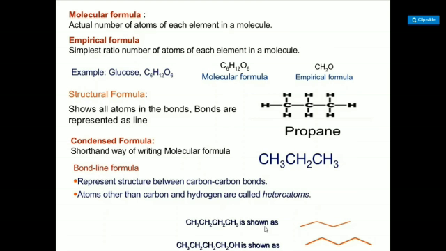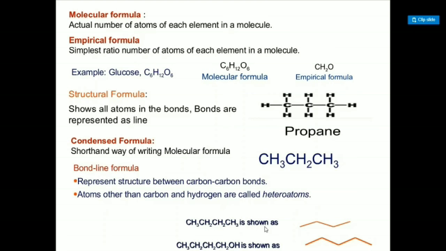When any molecule of organic compound is shown in a line way, as you can see in the below screen, 2 lines are given for 2 molecules.